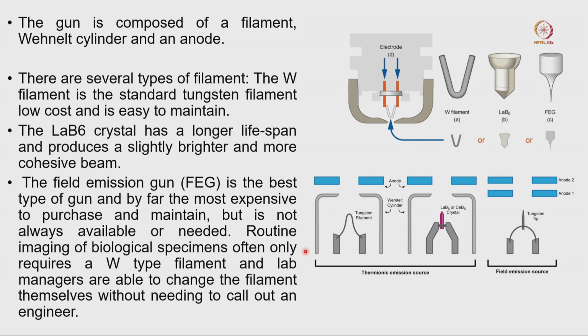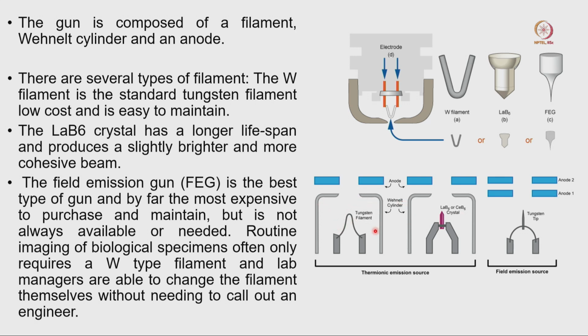And this is a side by side comparison, so you can see what kind of differences there are between the filaments. In both cases we can use thermionic emission: one is the LaB6 filament and the other is the tungsten filament. We have an anode which helps us to extract the electrons, and this is our Wehnelt cylinder.